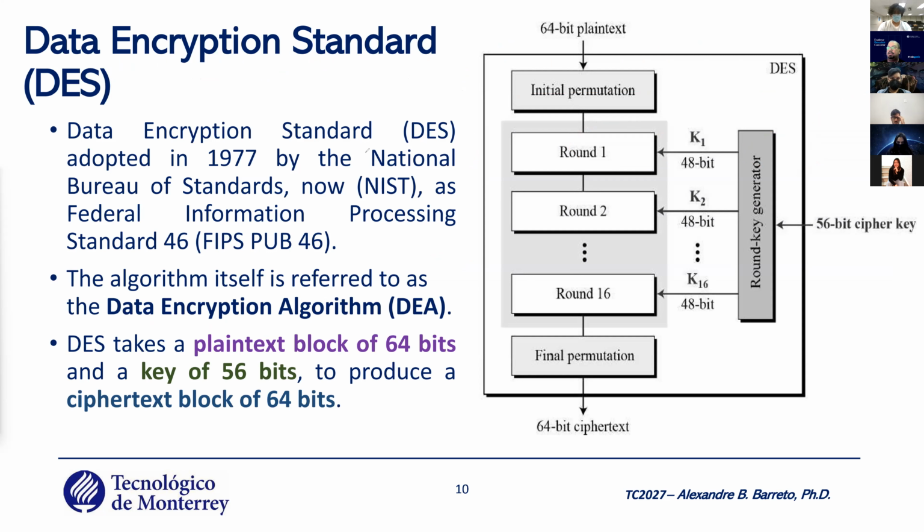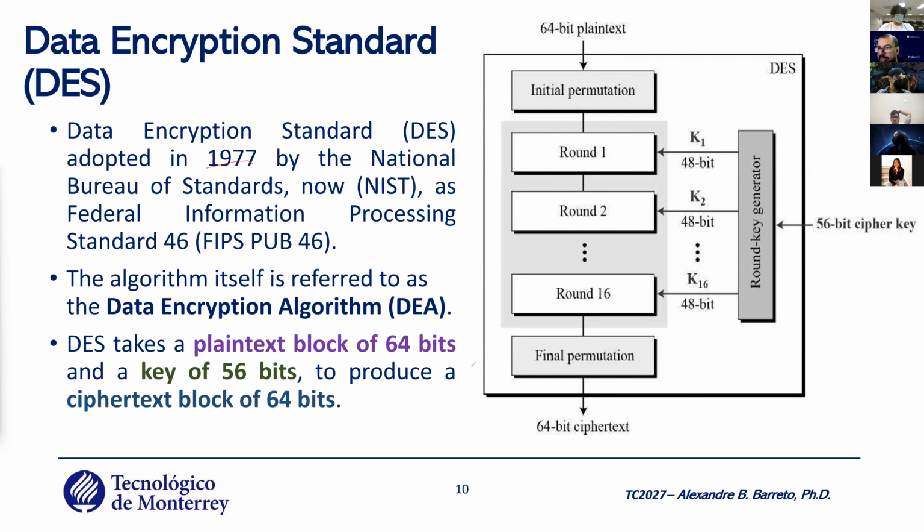The DES is the first algorithm that is very important in the world, because it's a standard, the Data Encryption Standard. And it was created in 1977 by NIST. NIST is an agency in the US that provides standards, in particular security standards, okay?